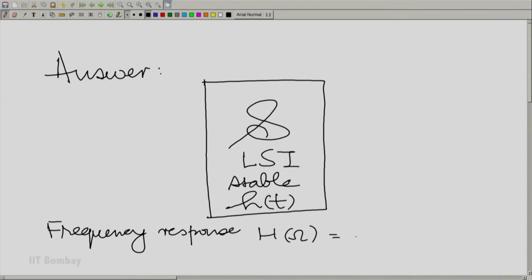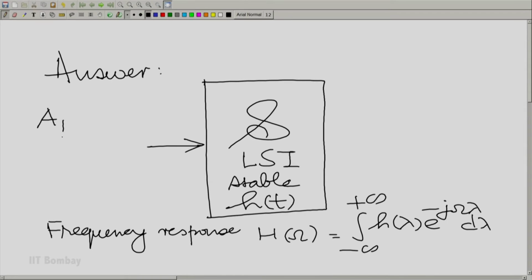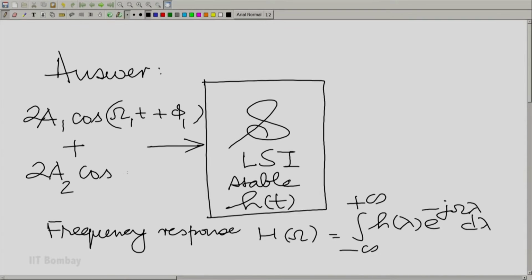Let us call it H(omega), defined by the integral from minus infinity to plus infinity of h(lambda) e raised to the power minus j omega lambda d lambda. And I have the input 2 times A1 cos(omega 1 t plus phi 1) plus 2 times A2 cos(omega 2 t plus phi 2), and the output is very simple.